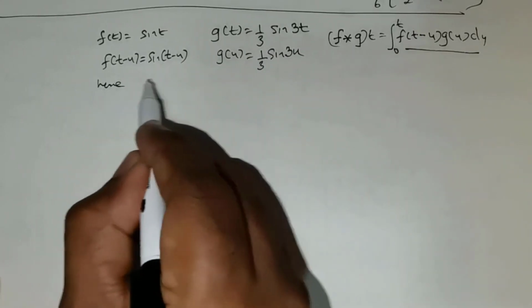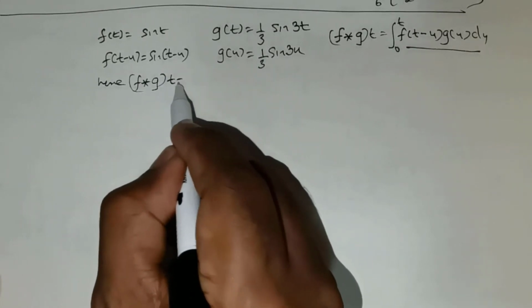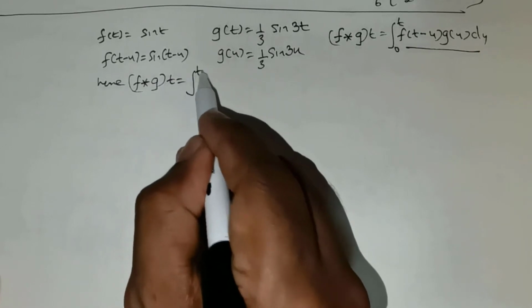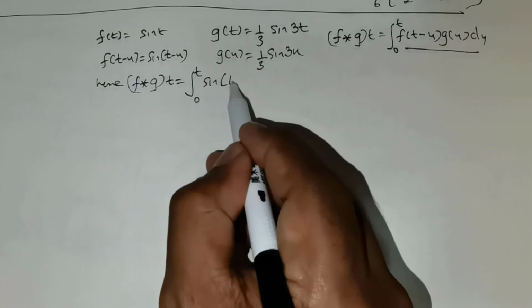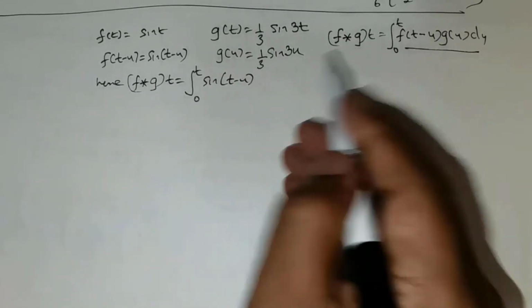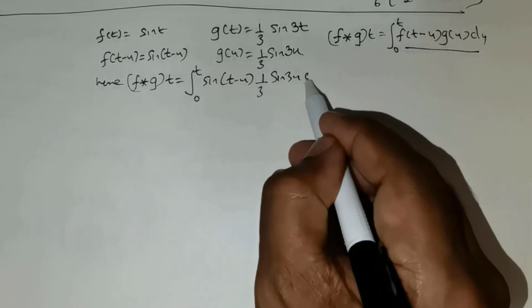So hence f star g of t is equal to integral 0 to t f of t negative u, that's going to be sine of t negative u, g of u is 1 over 3 times sine of 3 times u times du.